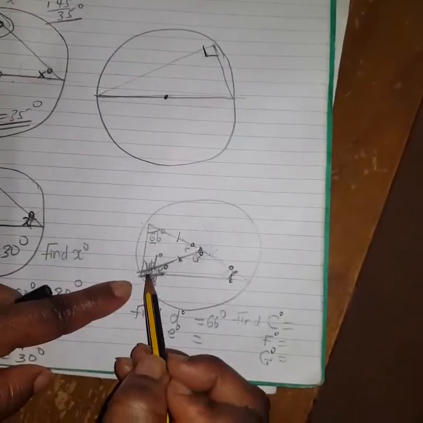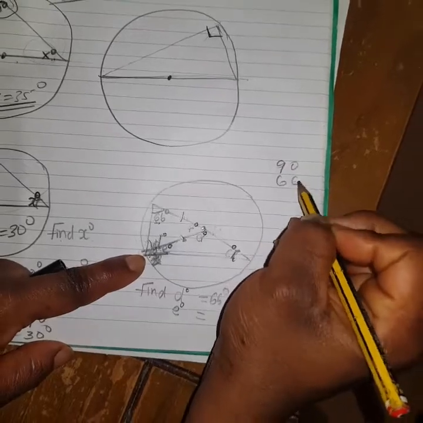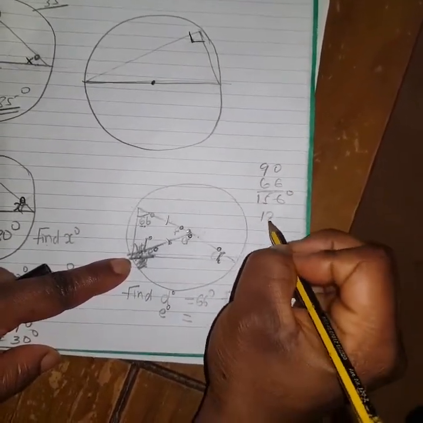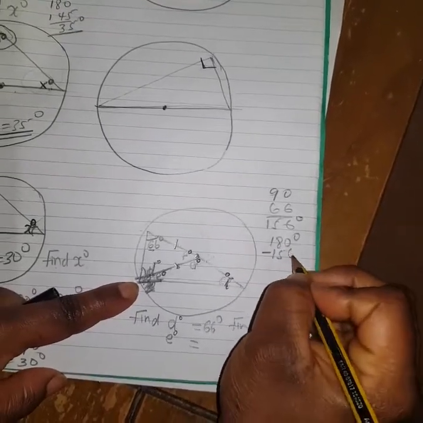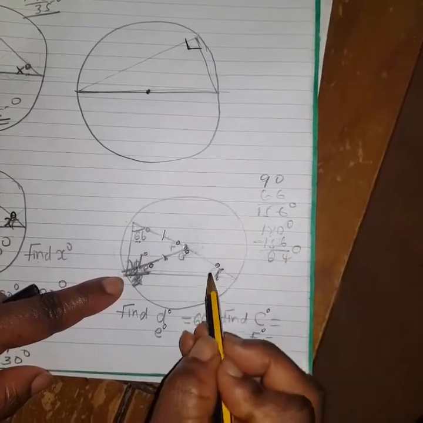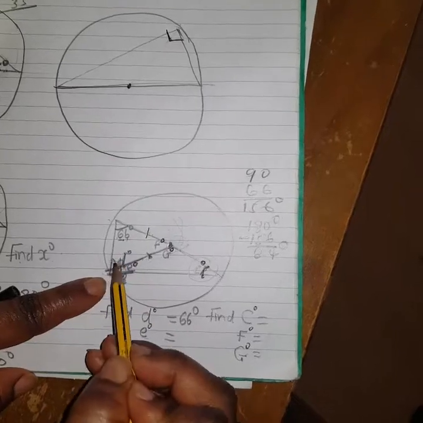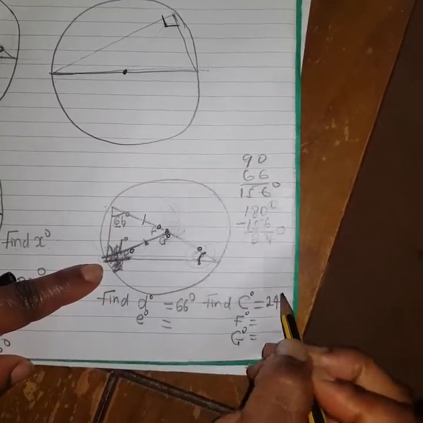So your 90 plus your 66 would give you 156 degrees. Now, if you take 156 degrees from 180, you would have 24 degrees left. So it automatically means this C is 24, because that's 66, that's 90, that will be 24 degrees.